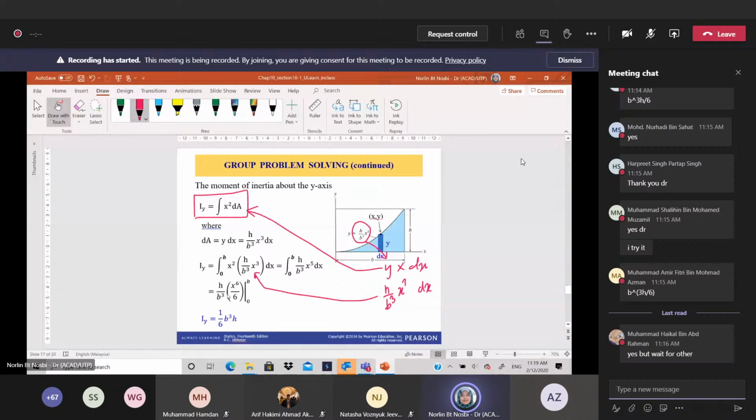So then you will get h x to the power 6. You have to do the integration, so it will be b6. When you cancel it out, the only thing left is b to the power 3. So b to the power 3 h over 6.